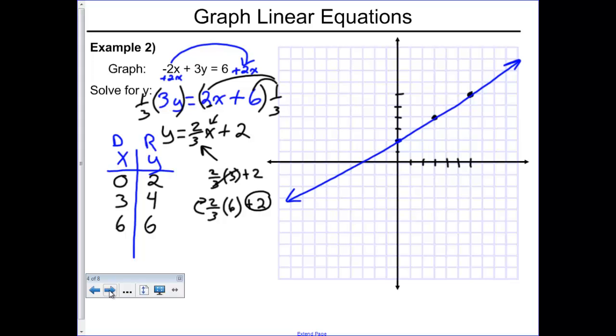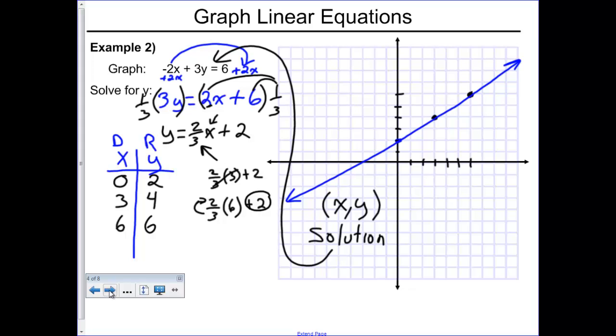And keep in mind that the line simply represents every XY ordered pair that is a solution for the original equation. So the line represents all the ordered pairs, XY's, that will make the original equation true.